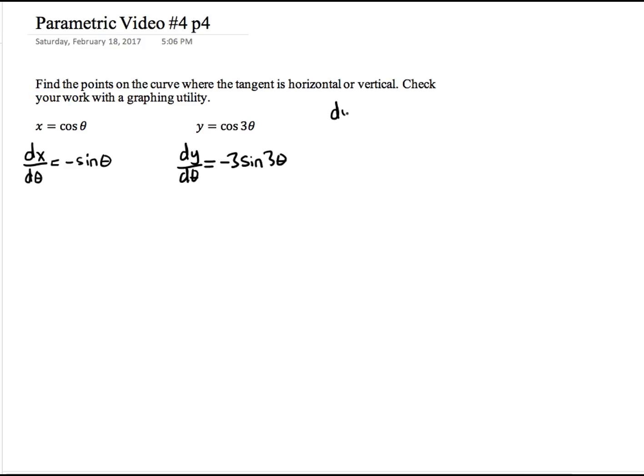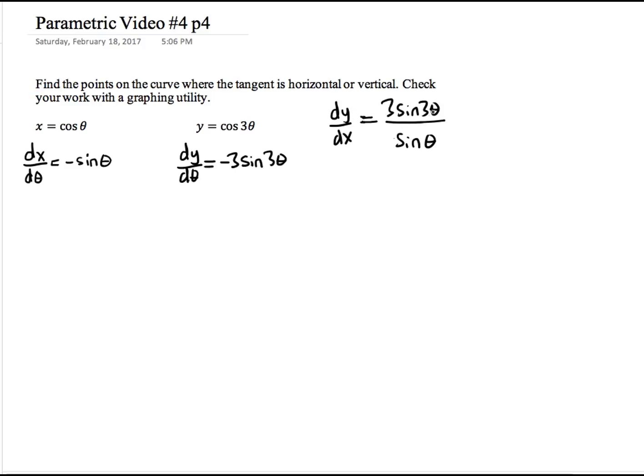The actual derivative will be the ratio of those. So that's negative 3 sine of 3 theta over negative sine of theta. I'm going to get rid of those negatives right away. They cancel out. Nice. Okay, so that's the derivative we're looking for.